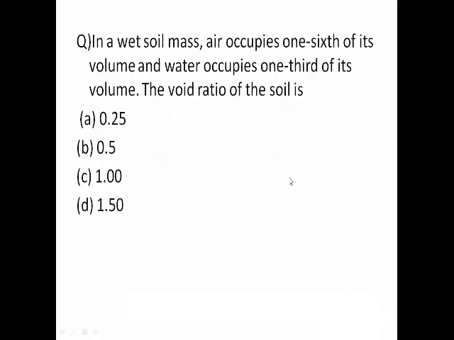Yes, in a wet soil mass, air occupies 1/6 of its volume. He has given that the volume of the air is 1/6 of the total volume, and the volume of the water occupies 1/3 of its total volume. Then what is the void ratio? We know that void ratio is nothing but the volume of the voids divided by the volume of the solids.